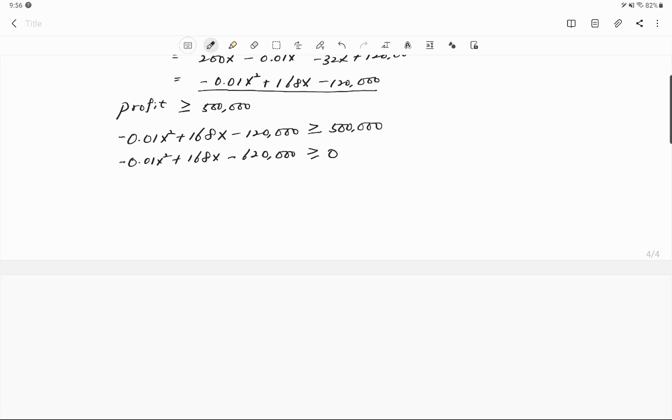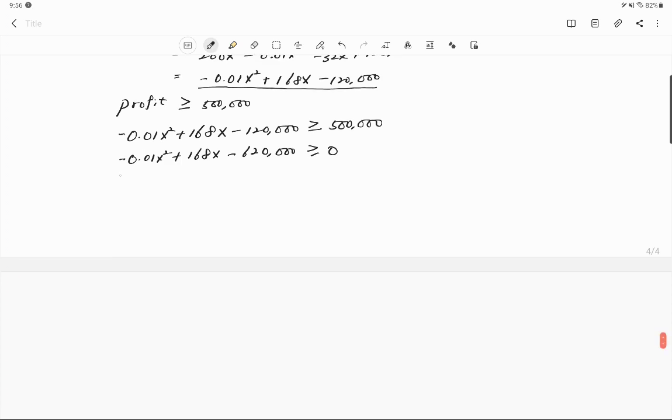Remember the quadratic formula? x is negative b plus or minus the square root of b squared minus 4ac, where c is negative 620,000, and then divided by 2a, 2 times a.